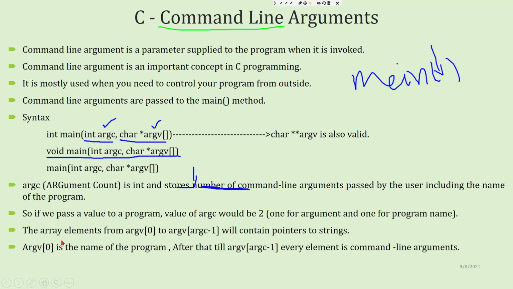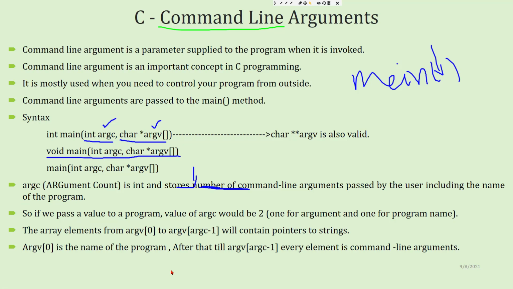The array elements from argv[0] to argv[argc-1] will contain pointers to strings. argv[0] is the name of the program. After that, till argv[argc-1], everything is a command line argument. I think you didn't understand these last points, so it will be clear when we see the example.